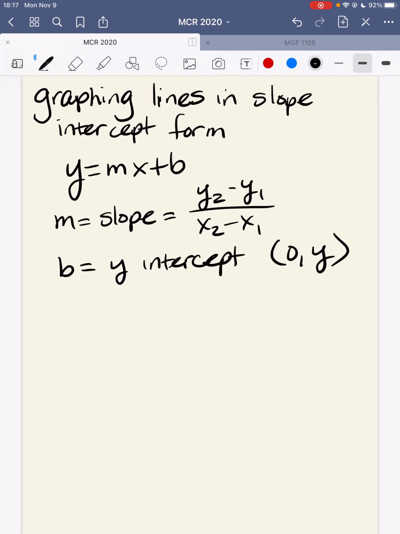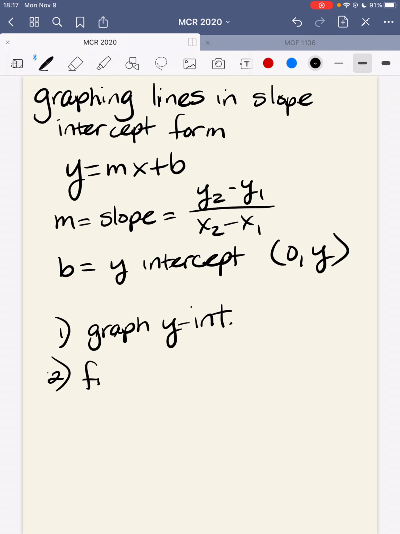And so when we're graphing lines in slope-intercept form, the first thing we want to do is graph our y-intercept. And from now I'm going to abbreviate intercept int. So we want to graph our y-intercept.